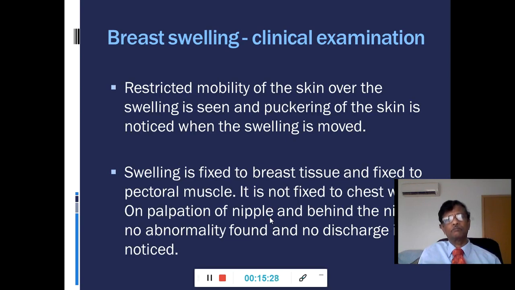Restricted mobility of the skin over the swelling is seen, and puckering of the skin is noticed when the swelling is moved. Swelling is fixed to the breast tissue and fixed to the pectoral muscle. It is not fixed to the chest wall. On palpation of the nipple and behind the nipple, no abnormality is found and no discharge is noticed.